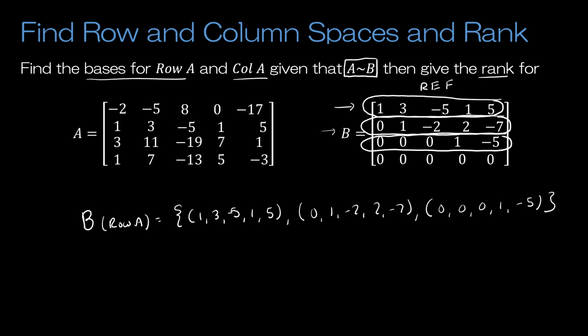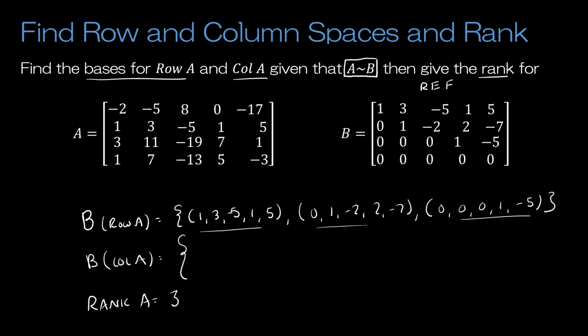Now, I want you to note that there are 3 vectors. So the rank of A is 3, which means there's 3 vectors in the basis for the row space of A, and for the basis in the column space of A, there should also be 3 vectors. Now, how do I find the vectors in the column space of A?